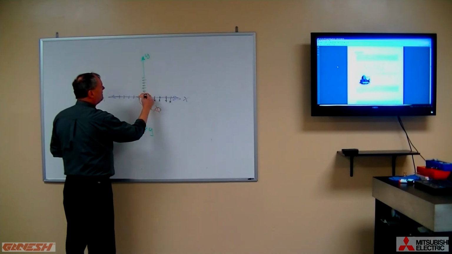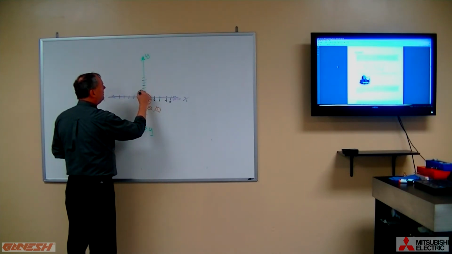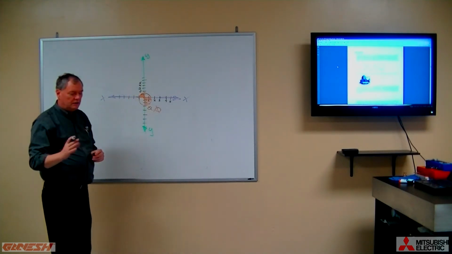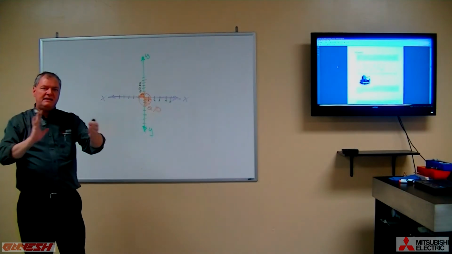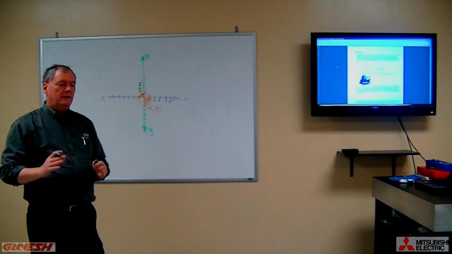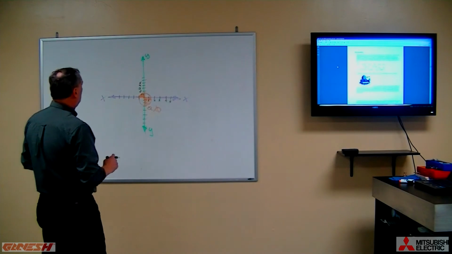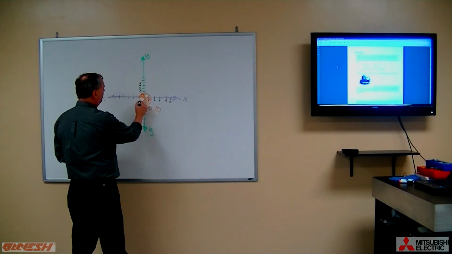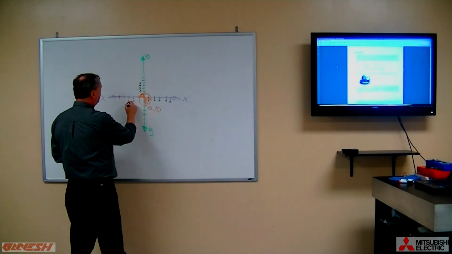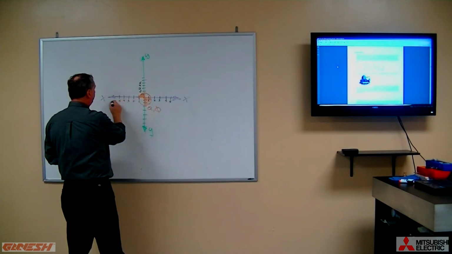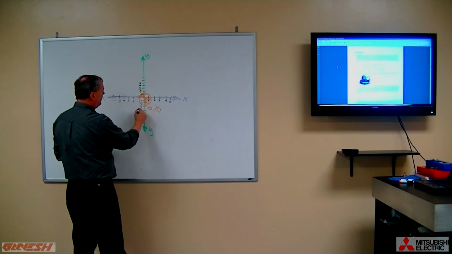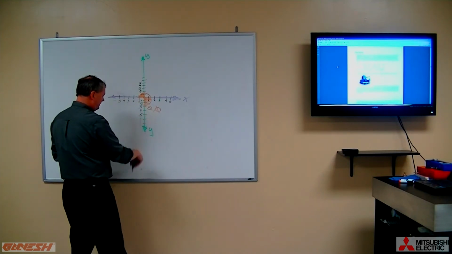And likewise, going up in this direction, this might be unit number 1, 2, 3, 4, and 5, and so on. Now, we're not looking at this in terms of the z dimension right now, just in terms of x and y. And then, likewise, to the left of the origin is 1 unit, 2 units, 3 units, 4, 5, and so on. And likewise, below is 1 unit, 2 units, 3, 4, 5, and so on.